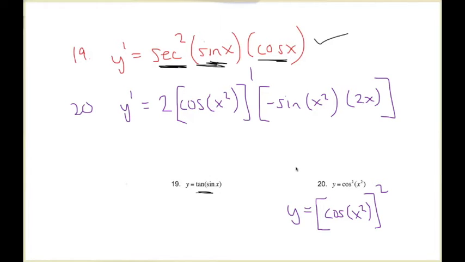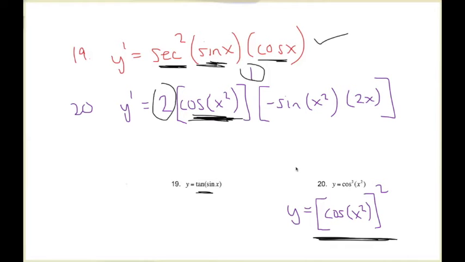I think this is a case where taking the time to actually rewrite it makes it a little bit more clear that the outer function is a power rule. We're taking something and squaring it. That's on the outside, so we're going to do that and represent it as 2 times that something to the first power. And now we have to look into that argument of that squaring, and we see the cosine of x squared.